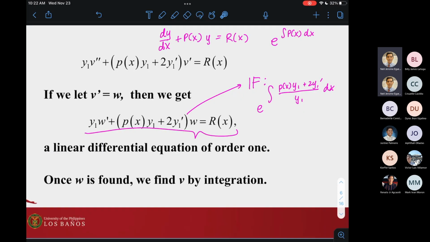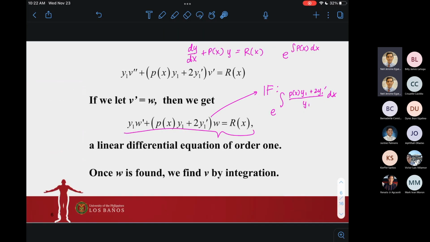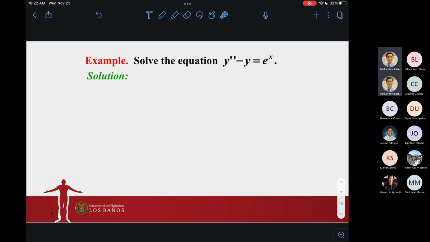So let's look at it. It would be clearer if we look at particular examples. So in this problem, we have y double prime minus y equals e raised to x.